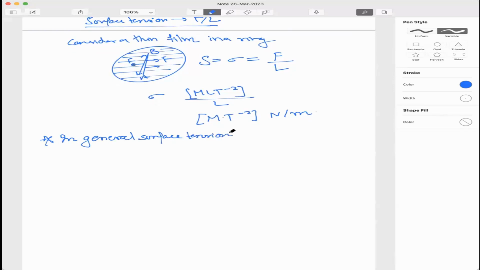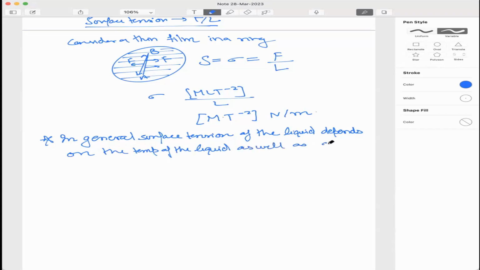In general, the surface tension of a liquid depends on the temperature of the liquid as well as on the medium on the other side of the surface.